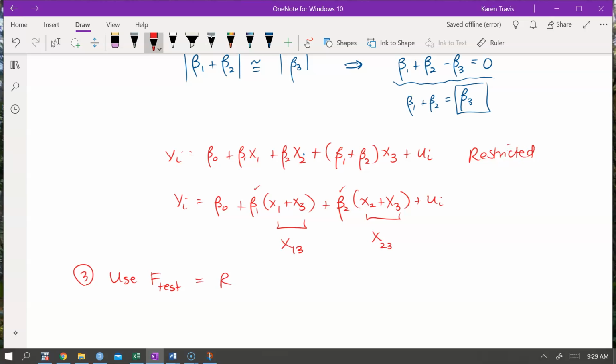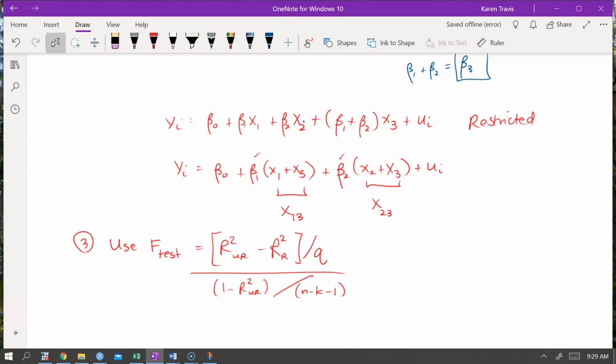I could use the r squared from the unrestricted minus the r squared from the restricted, divided by q, where there's one restriction, over 1 minus r squared from the unrestricted divided by n minus k minus 1. And again, this needs to come from the unrestricted model.